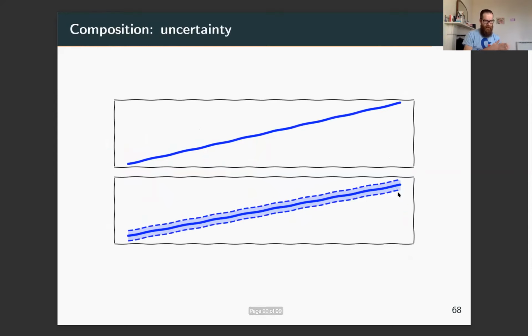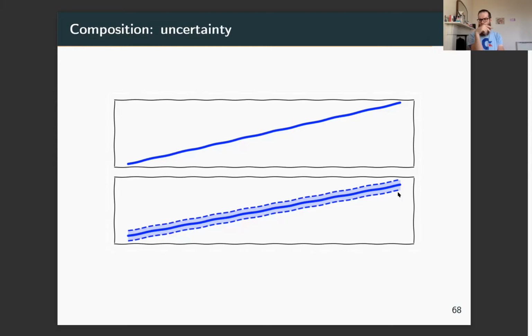My last tricky thing is the composition of uncertainty, and I should hurry up a little bit. So here, let's now think about what happens when we push uncertainty through compositions. So let's say I have a line here, it's an identity function. And then I add some uncertainty around this.